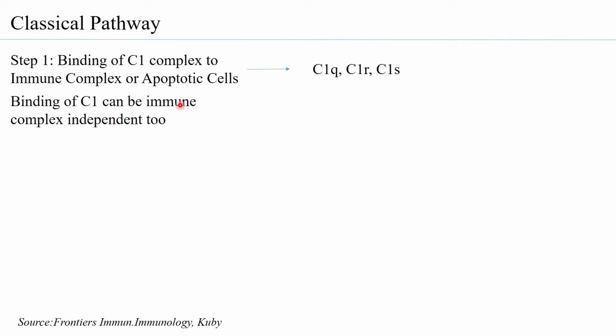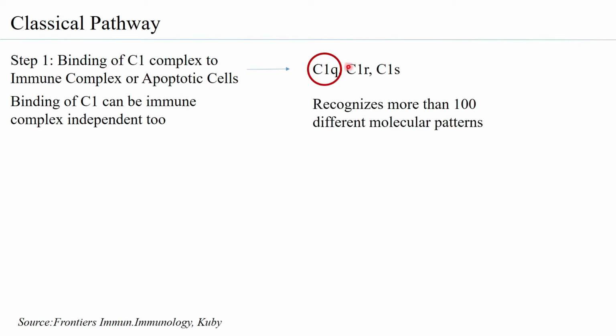Now, this binding of C1 or the C1 complex per se comprises C1q, C1r, and C1s. These are the three main components that form the C1 complex, of which it is the C1q that actually recognizes more than 100 different molecular patterns.